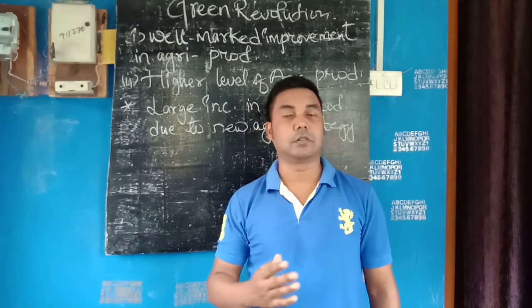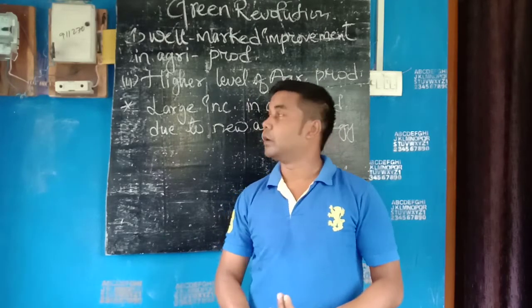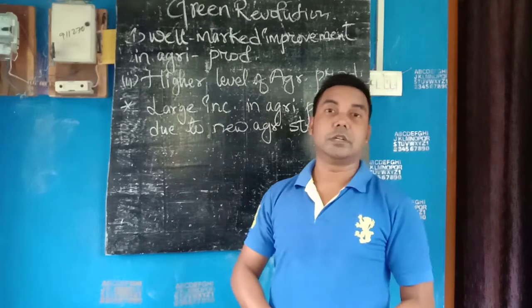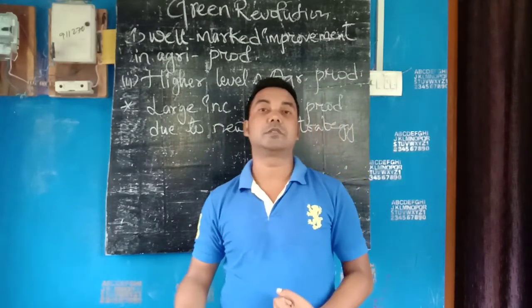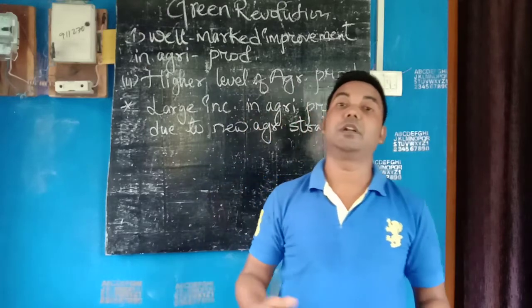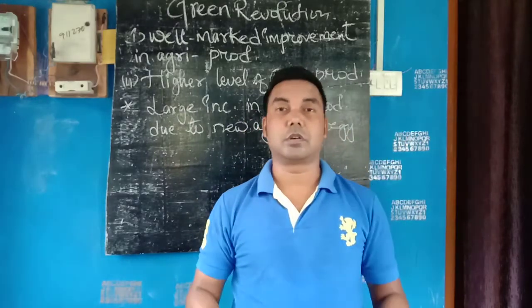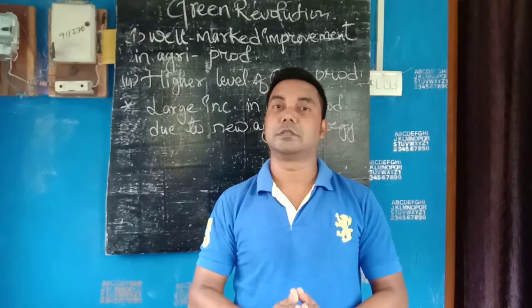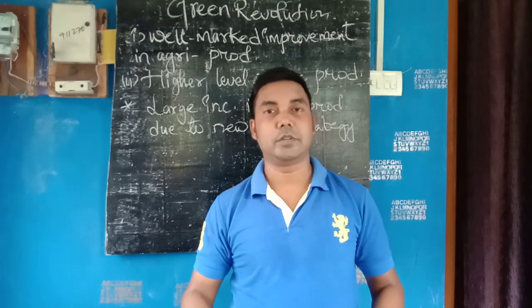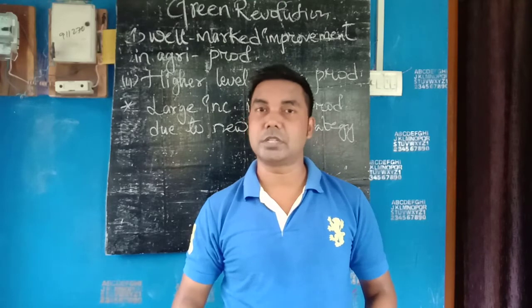Earlier the production of the agriculture would be less, but now the production of agriculture is increasing. Why? Because of the introduction of green revolution, because of the introduction of newer technology, new kind of seeds, HYV seeds, pesticides, machineries and all.